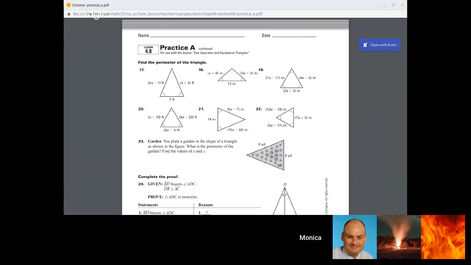Bring your x's to one side, your numbers to the other. I worked out number 17 already on here. So in just a minute, when I post the link, you can go back through the video and find that, okay? If you still need more help on that one.